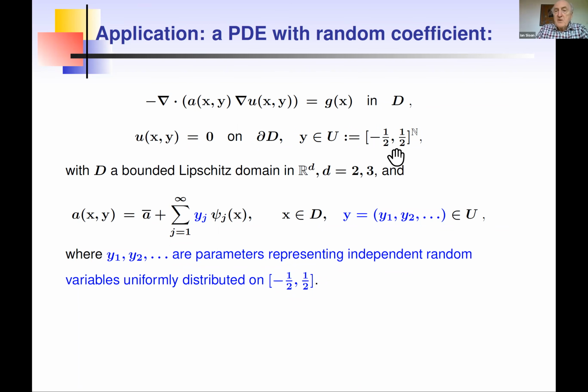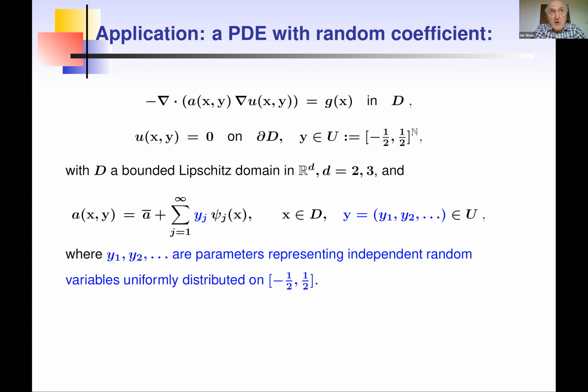The y's here, in a standard model, live in [-1/2, 1/2] to the power of, perhaps, an infinite number of them, because a is a mean plus a sum over y_j psi_j, perhaps given from a Karhunen-Loève kind of expansion. And the y's are parameters representing independent random variables, each uniformly distributed on [-1/2, 1/2]. Perhaps I should say just a word about the model.